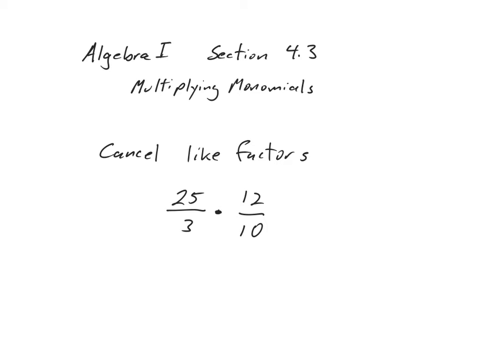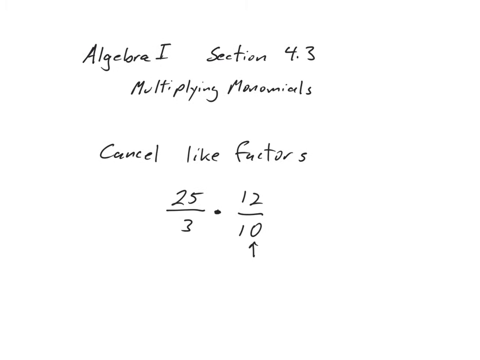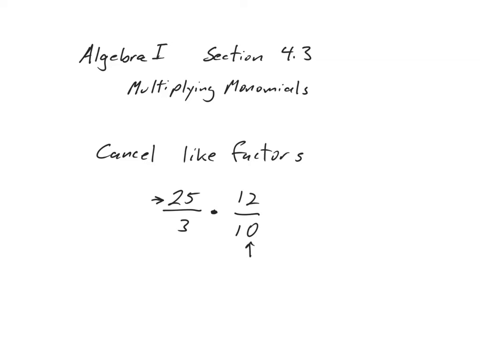For instance, we see inside the 10 that there's definitely a 5. Inside the 25, there's a 5 also. So we can divide out the 5 from the denominator and the numerator and reduce the fraction.